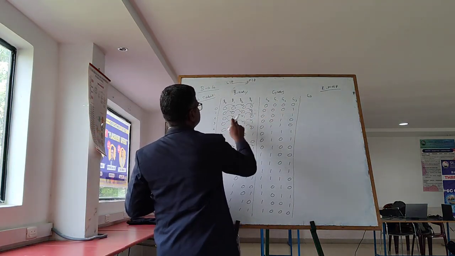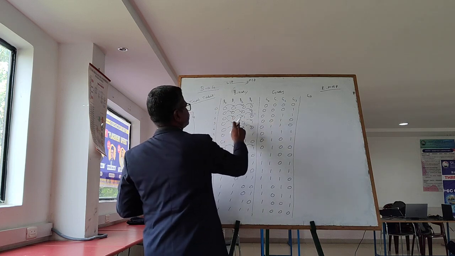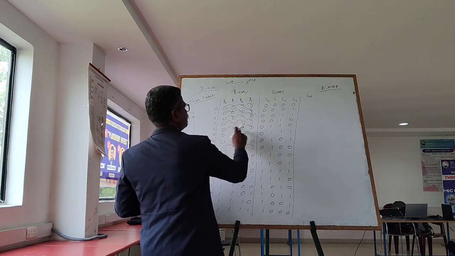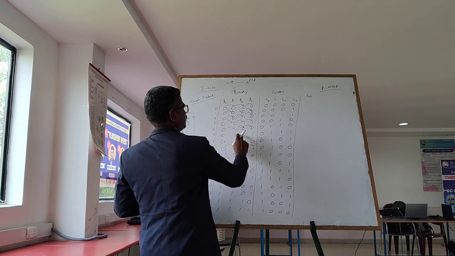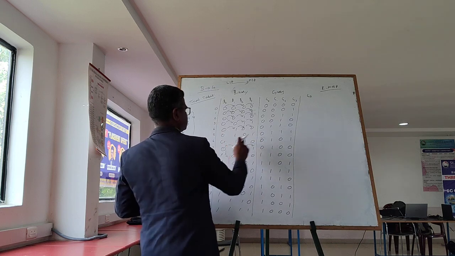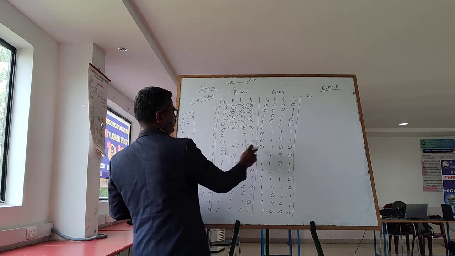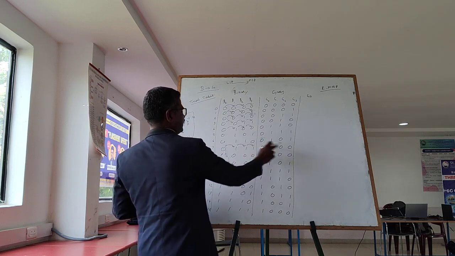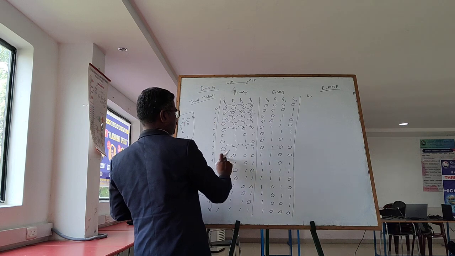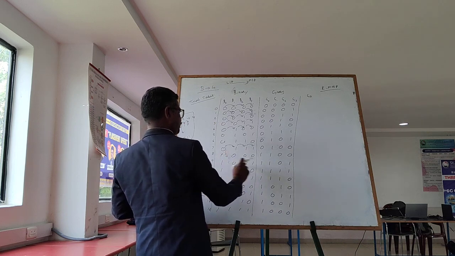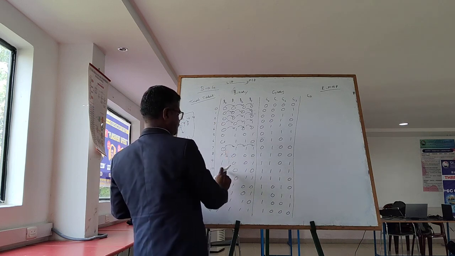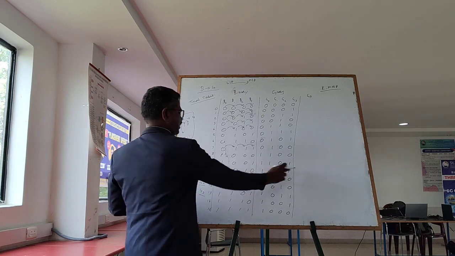So only 1 difference, 2 differences, 1 difference, 2 differences, 1, 2, 3 differences, same, 1 difference, 2 differences, 0, 1 difference, right? So the remaining are 0. So here also 1 difference, 1, 2, 3 differences, 1, 1, 2, 3, all 4.